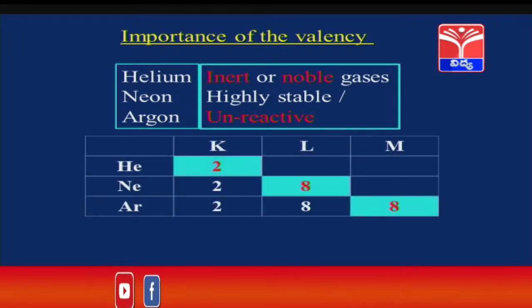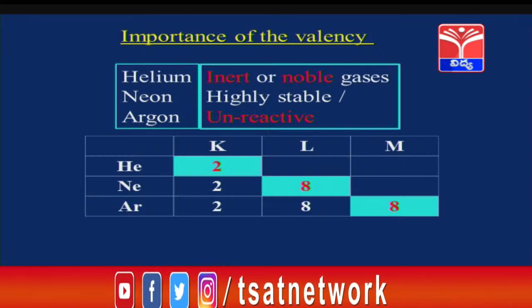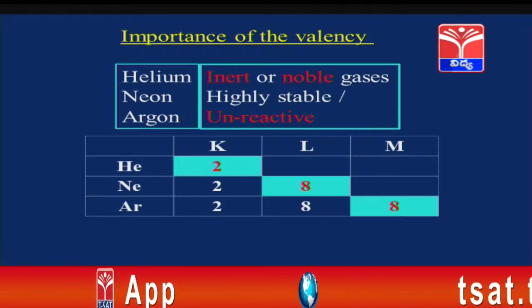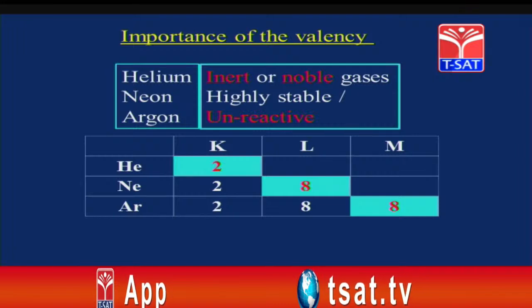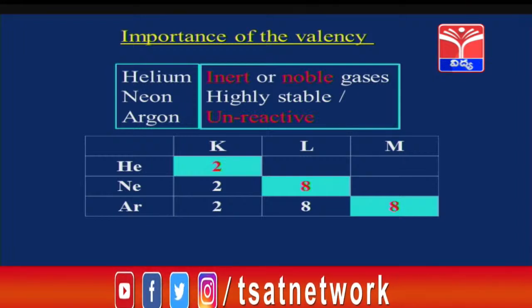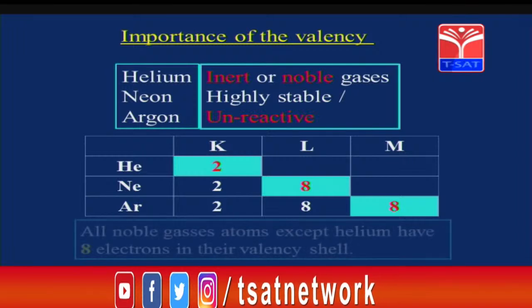Helium, neon, argon, electron distribution in K, L, M shells. In helium, only 2 electrons are present, so those 2 electrons fill the K shell. Neon, the K shell and L shell are filled. For argon, K shell has 2 electrons, L shell 8 electrons and M shell 8 electrons.